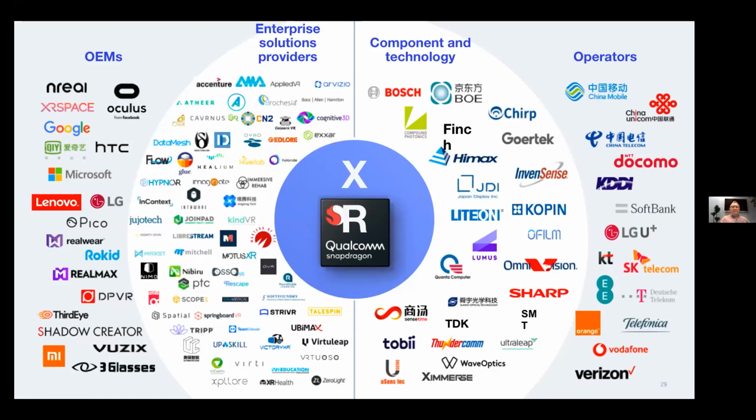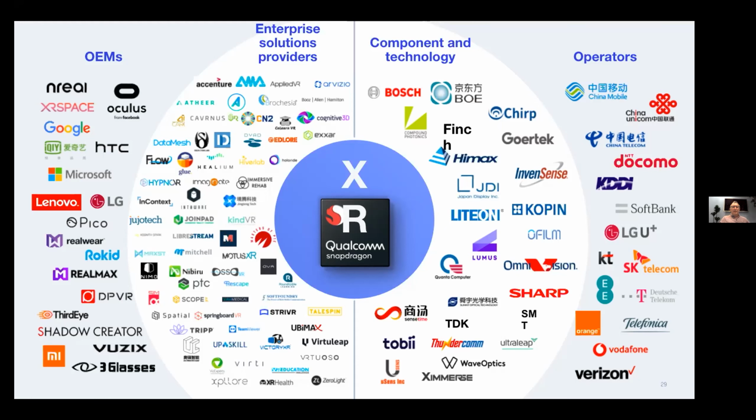Those chipsets are eventually put into headsets by OEMs, what you can see to the left, along with different modules from some component technology vendors. And then eventually those headsets are used by end users, users such as yourselves, educators, students, using a solution from a company just like VictoryXR.